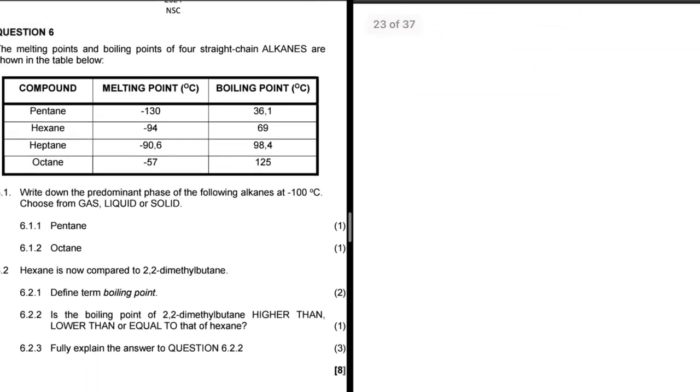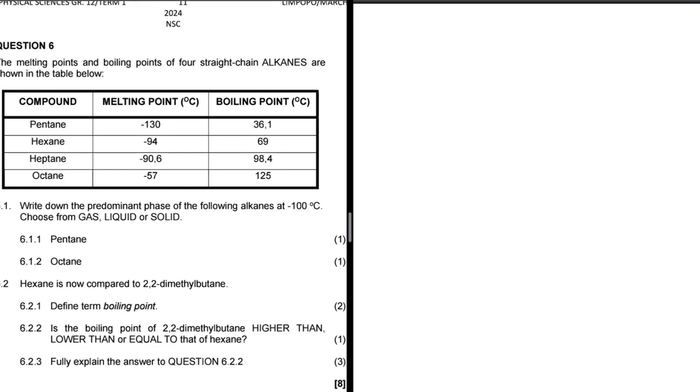Question 6. The melting points and the boiling points of straight chain alkanes are shown in the table below. Write down the predominant phase of the following alkanes at minus 100 degrees Celsius. Choose from gas, liquid, or solid. 6.1.1 pentane. The temperature we're interested in is minus 100 degrees Celsius.